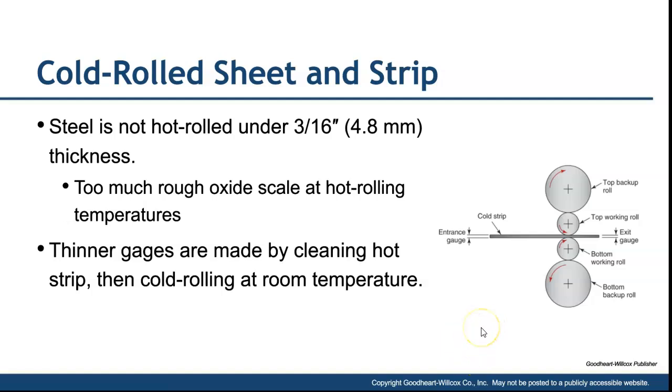So anything below 3/16 of an inch gets rolled cold, and that is done at room temperature. It's pretty similar to hot rolling, where it's done through very, very heavy rollers that are basically pinching and squeezing the material to get it to thinner and thinner sizes.